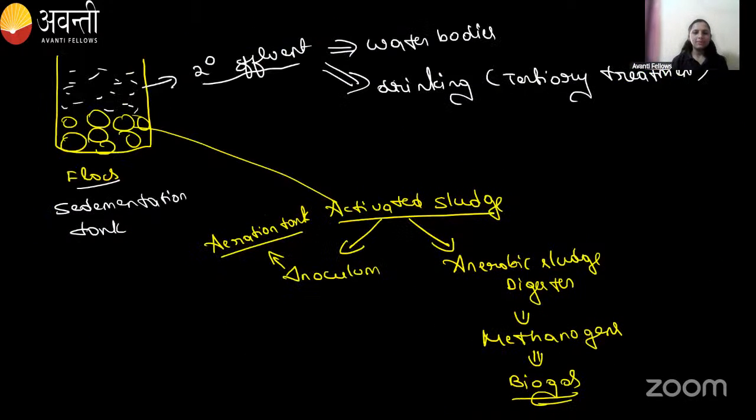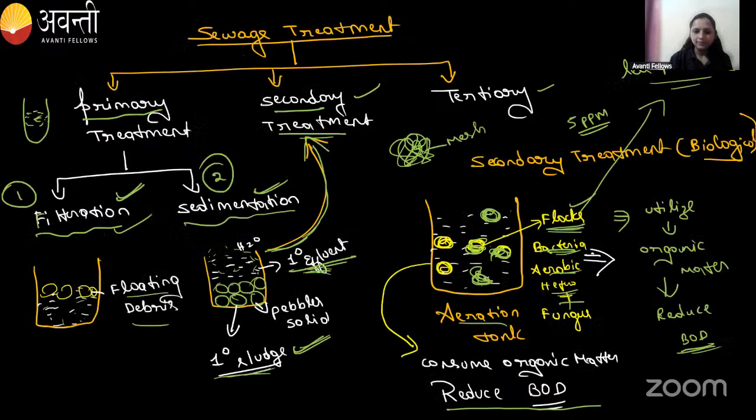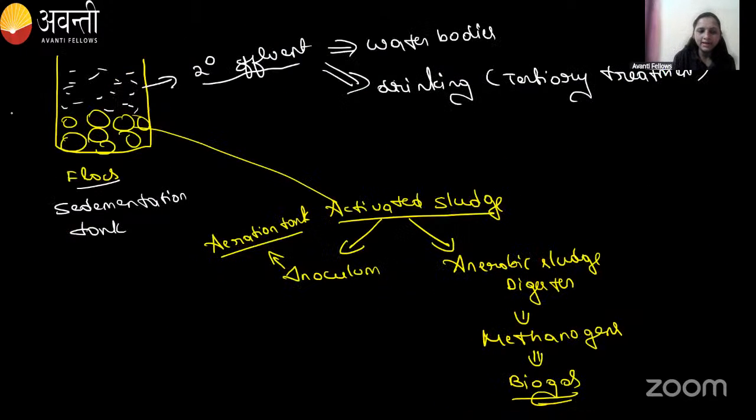Okay. So what will happen next, guys? See here, after all this treatment, we will send the water from the aeration tank to this sedimentation tank. Okay, now the next tank it is transferred.